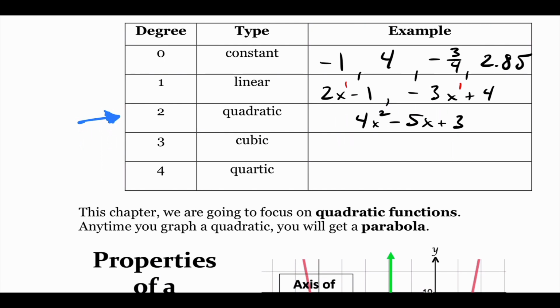Cubic means there is a third power. The highest power is now 3.